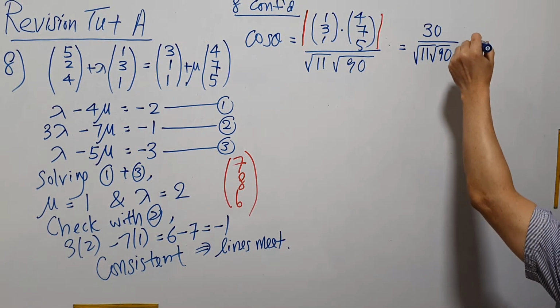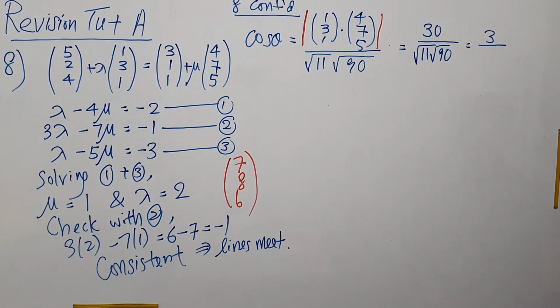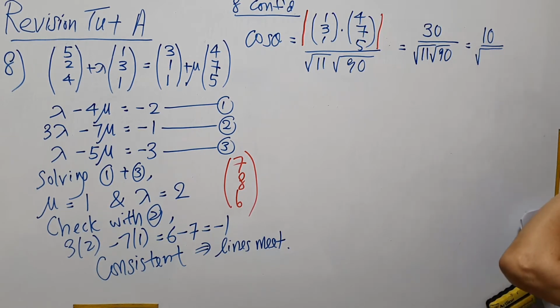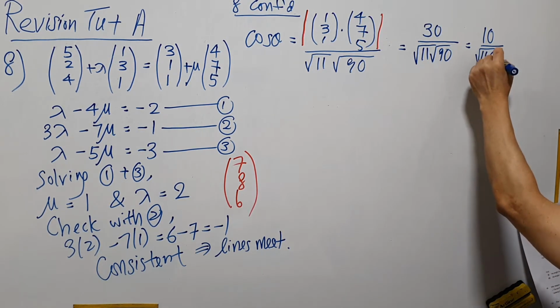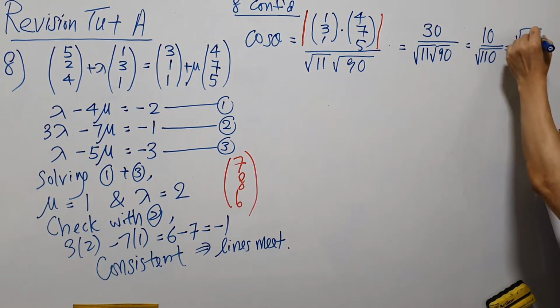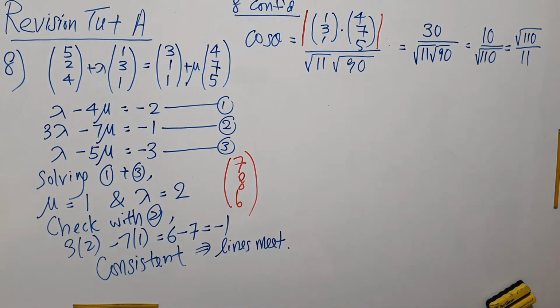Cancel by 3, I get 10 over root 110. And this is the same, if you do your rationalization, as root 110 divided by 11. It's the same. That's how you find the cosine of the angle between two lines.